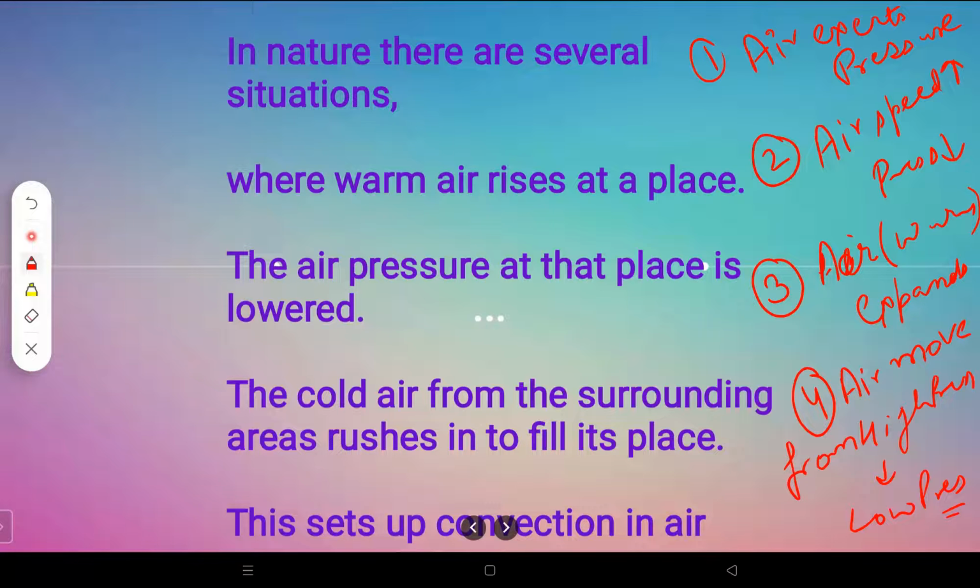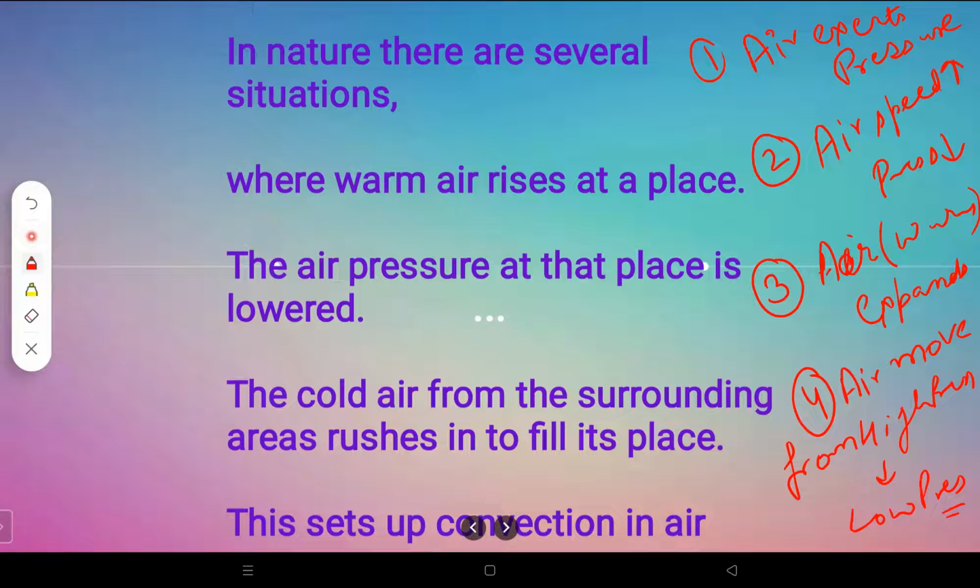Yes, ma'am. Okay. Now, in nature, there are several situations. You have studied about convection, right? When warm air rises at a place, the air pressure at that place is lowered. The cold air from the surrounding area rushes in to fill its place.